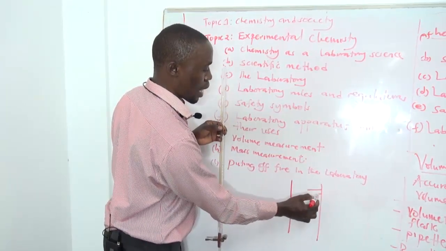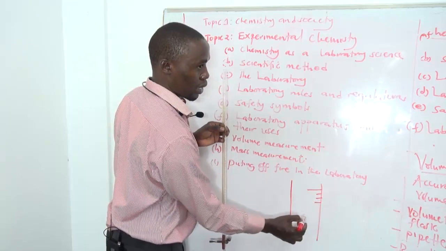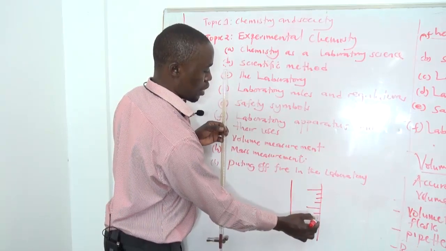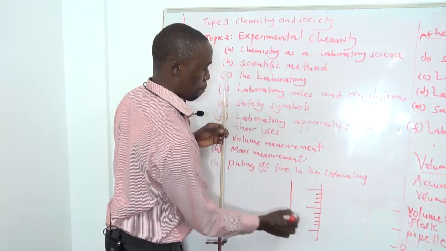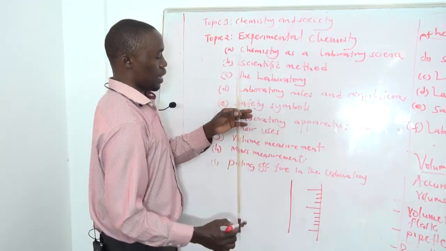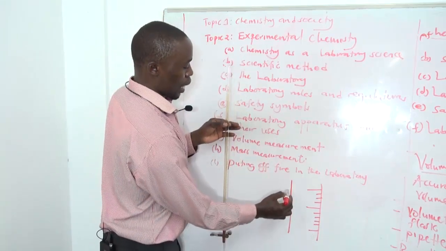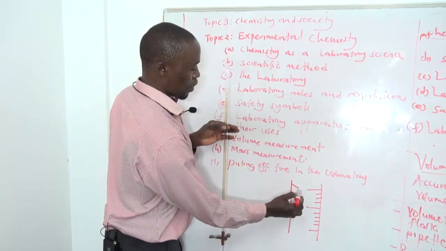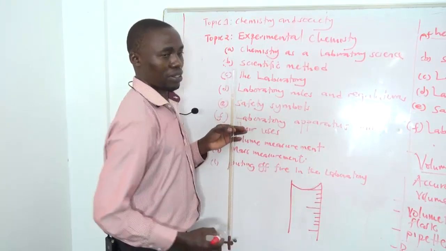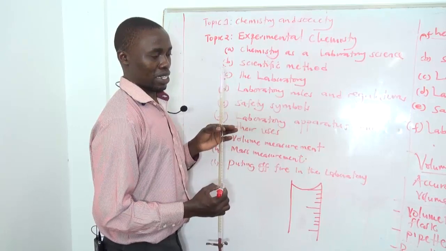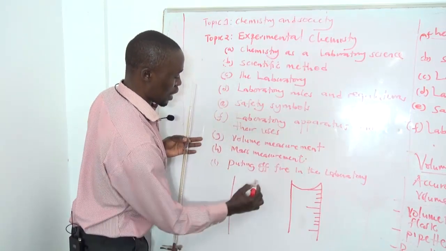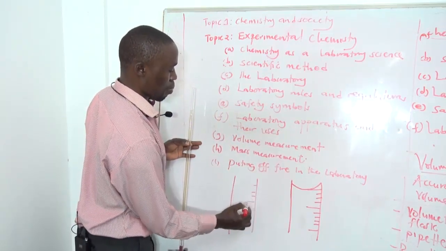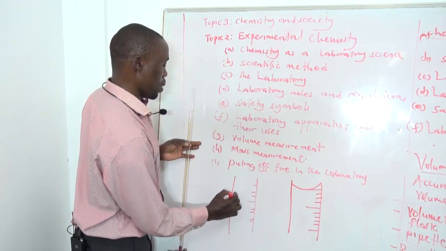Calibrations are those markings or labels. Now, when you pour the liquid there, some liquids will bend like this, while some liquids like mercury will bend like this.